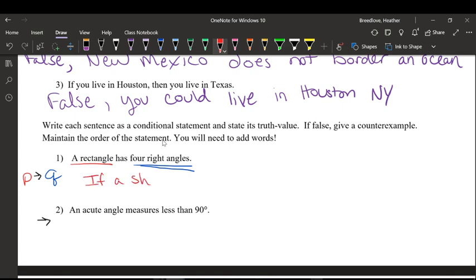If a shape is a rectangle, then it has 4 right angles.